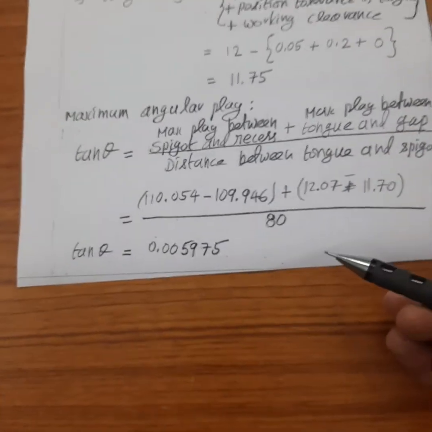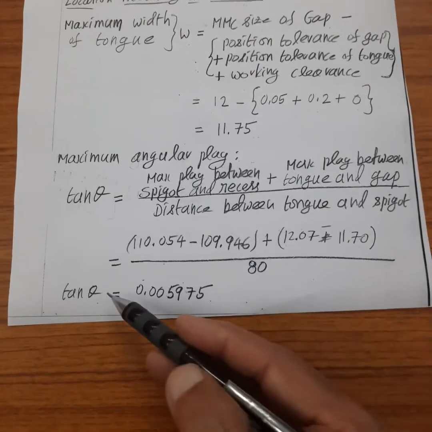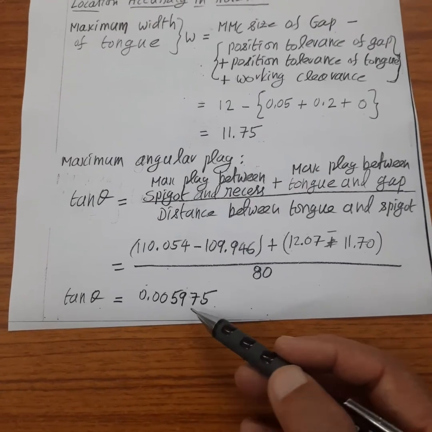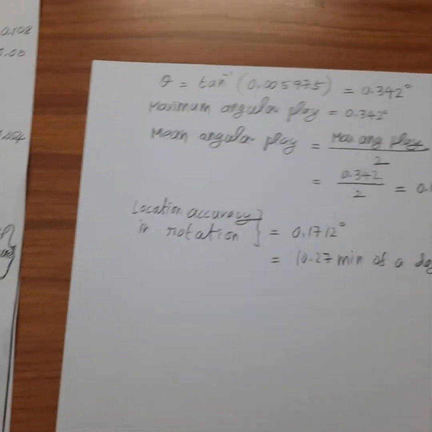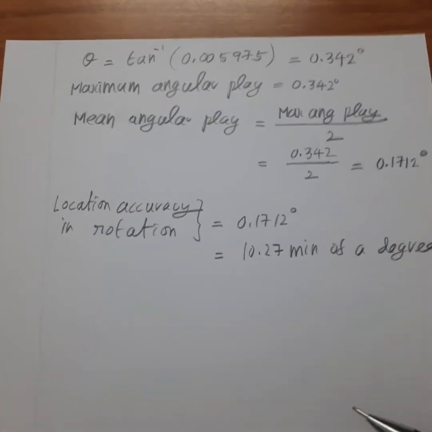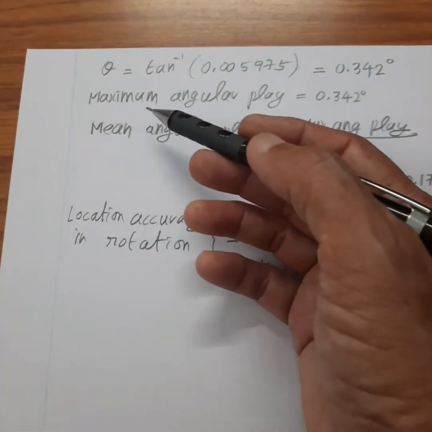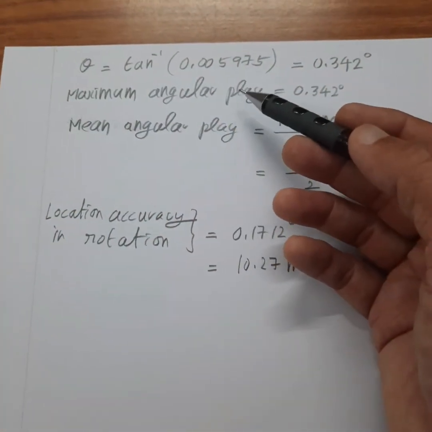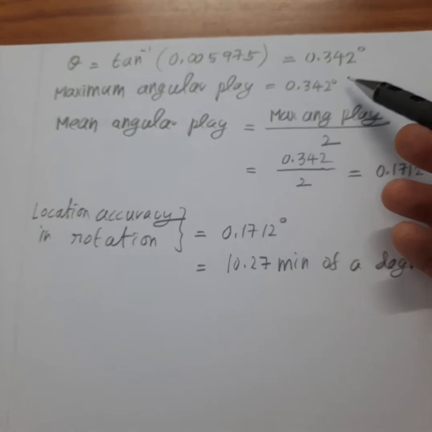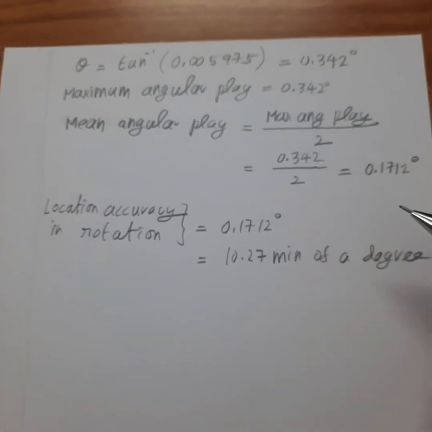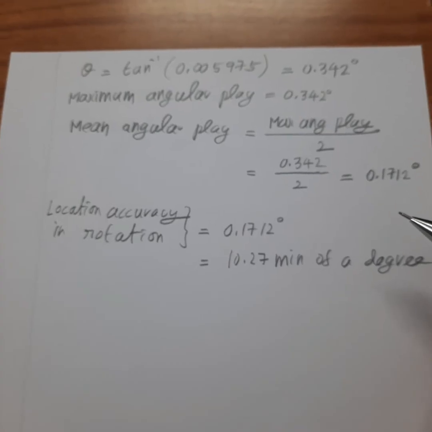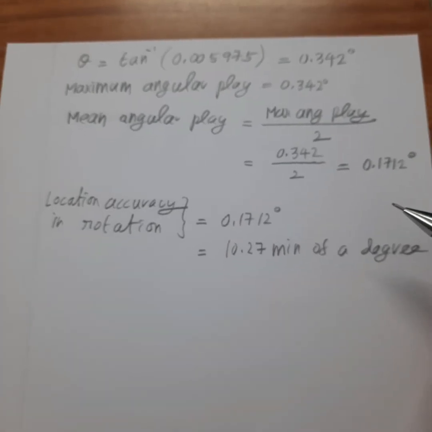If you work out the value, tan theta comes to 0.00595. From this, the theta value is taken as tan inverse of 0.00595, which is equal to 0.342 degree. So 0.342 degree is the maximum angular play for this example.